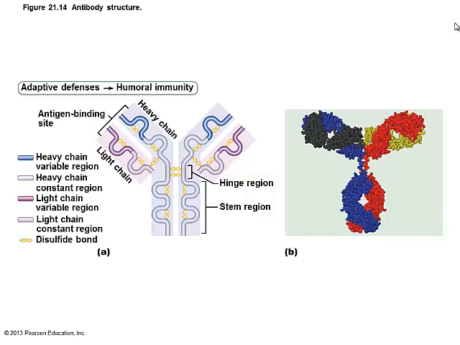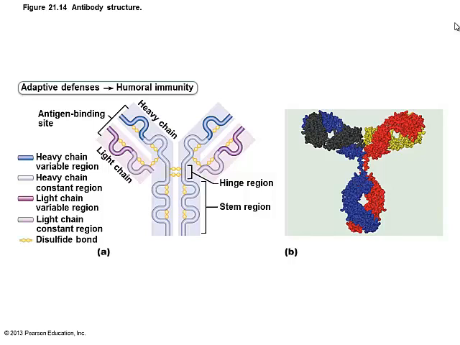So they all have the basic structure that is what we call the stem region. And then they have a bend and two places in what we call the hinge region. They have a heavy chain, they have a light chain.